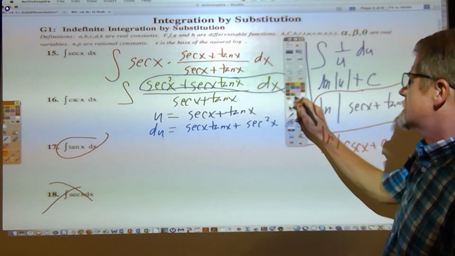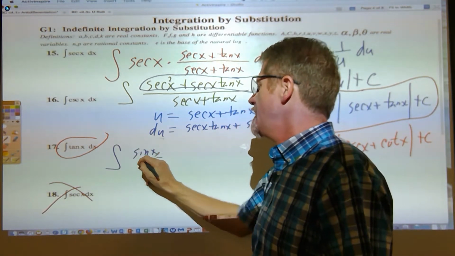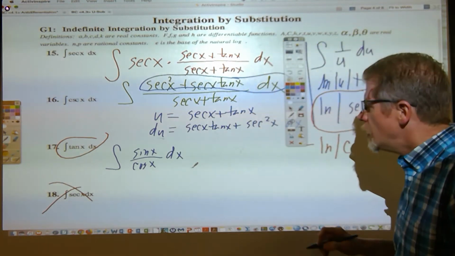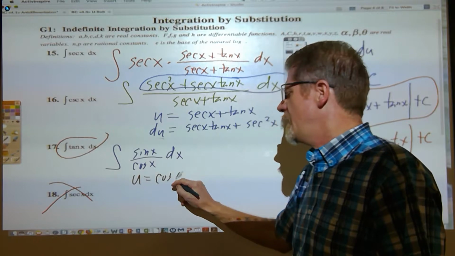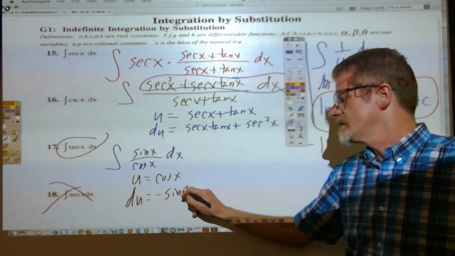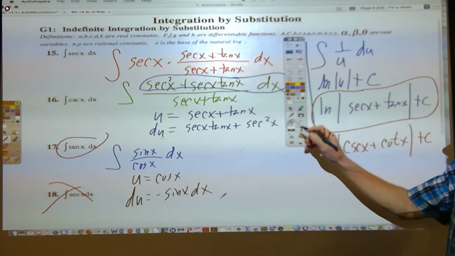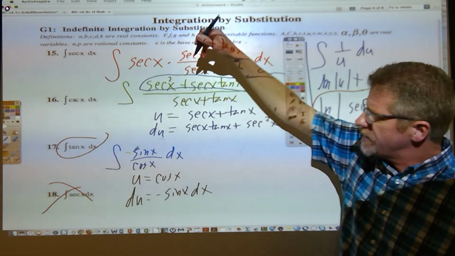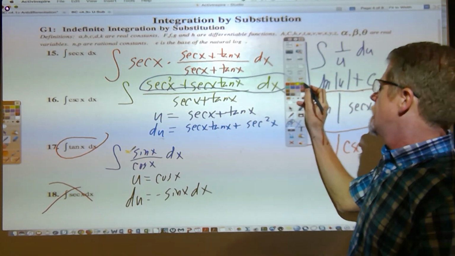For tangent x, think of tangent x as sine x divided by cosine x. Note that when you let u equal cosine x, du would be negative sine x dx. That's as close to matching. We doctor with a negative sign, which I put here in green.